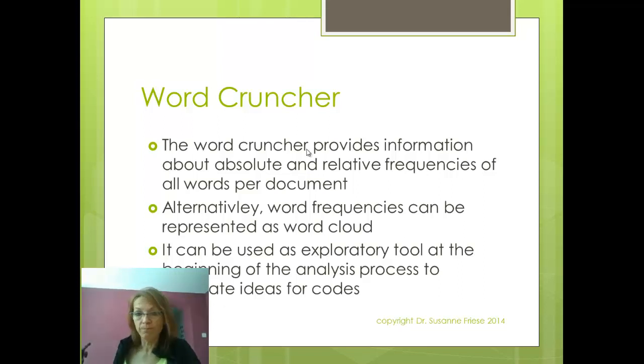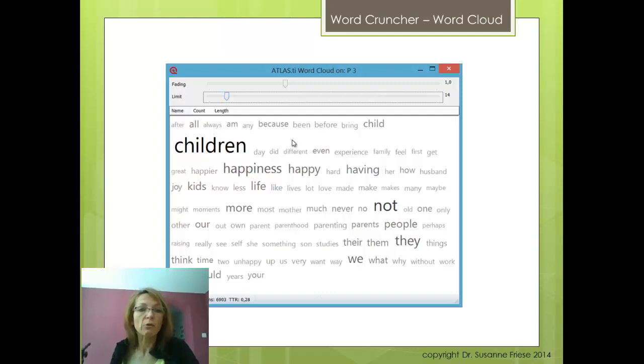So this is the word cloud on the Children Happiness project, and so we see children comes up quite often, happiness and so on. We can exclude all the we and they and the and all these words, so we can prepare a stop list, but you have to prepare this basically for yourself.